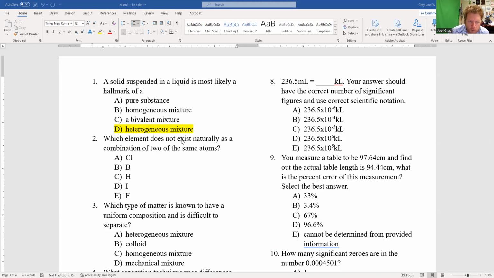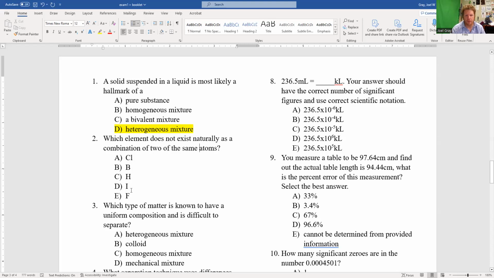Which element does not exist naturally as a combination of two atoms? So I added one word to this question. Obviously the copy that you see and that you will be given has this. I changed the question to be, which element does not exist naturally as a combination of two of the same atoms? So basically it's, is there such a thing as Cl2? Yes. Is there such a thing as B2? Let's come back to that.